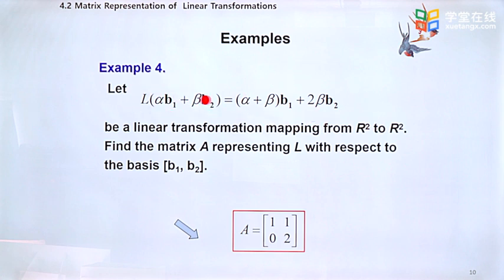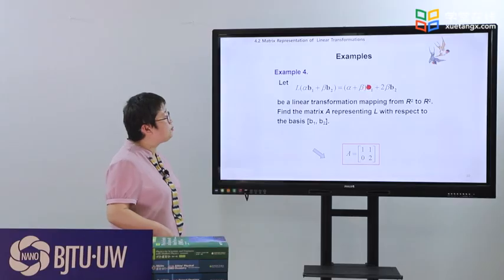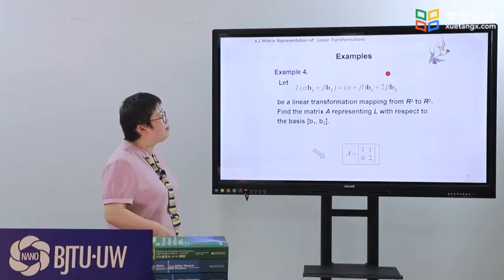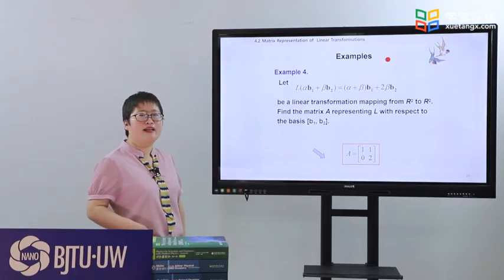So from here, for x, the coordinate vector corresponding to B1, B2 is (alpha, beta), see? And for the new vector after you do this linear transformation, the coordinate vector corresponding to B1, B2 is (alpha plus beta, 2 beta), see?